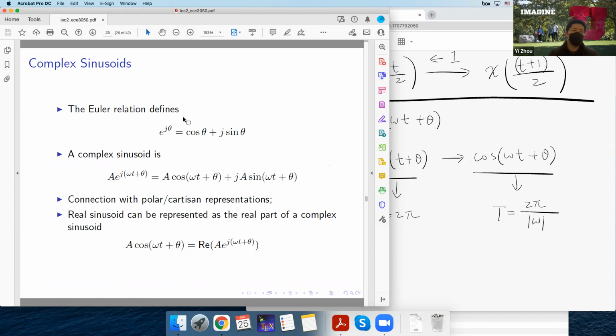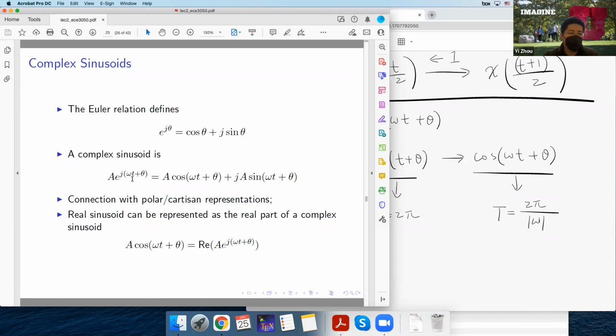And then by Euler's formula, this can be written in a very compact way. It's A times e to the j(omega t plus theta). So we can see that for this complex sinusoidal signal, the amplitude or magnitude is a constant A.